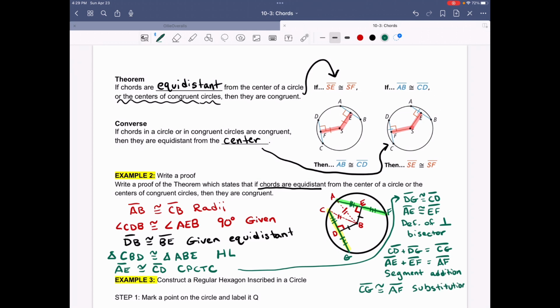Lots of steps. Okay, so let me highlight all the steps that we had. 1, 2, 3, 4, 5, 6, 7, 8 reasons before we got to our conclusion. Nice job following along with that proof.